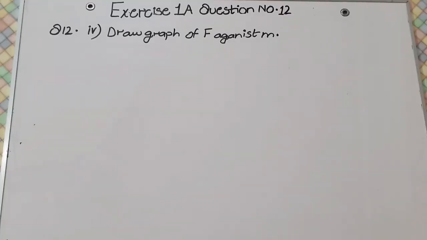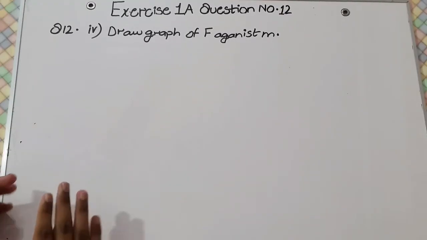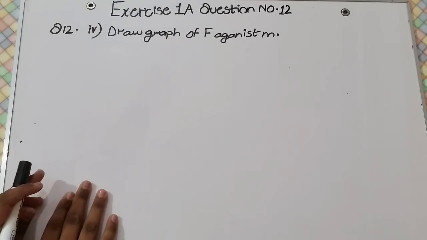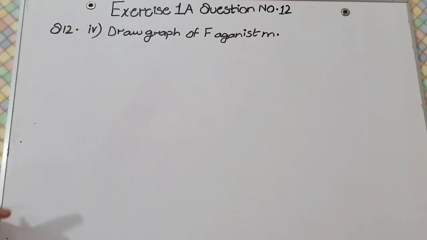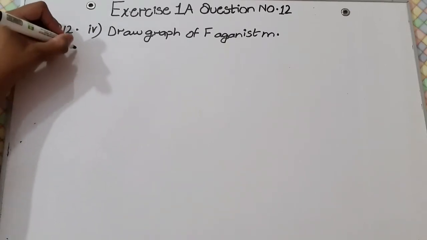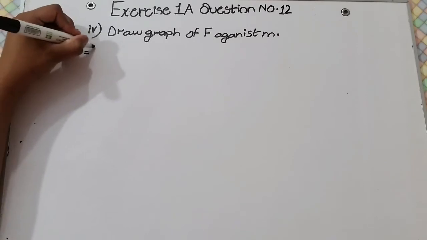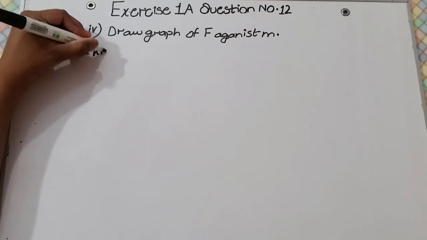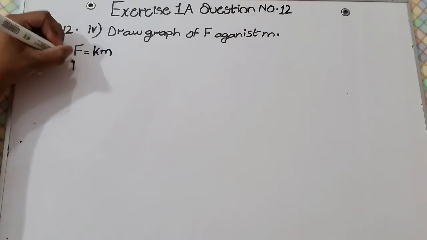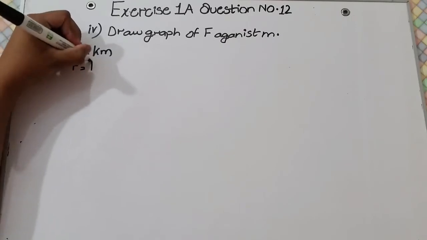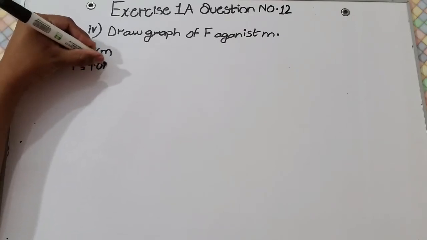So let's start with the plotting of the graph. Before the plotting, we need to find the values to plot the graph. So we are going to use the same formula that we created in part 1. The formula is F equals K M. The value of K was 9.8.